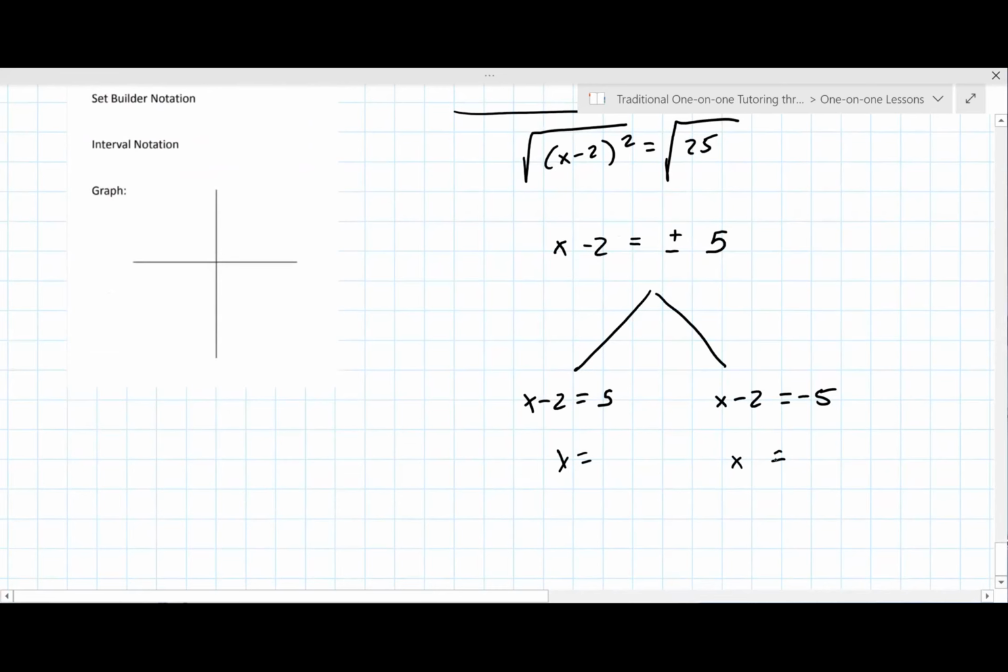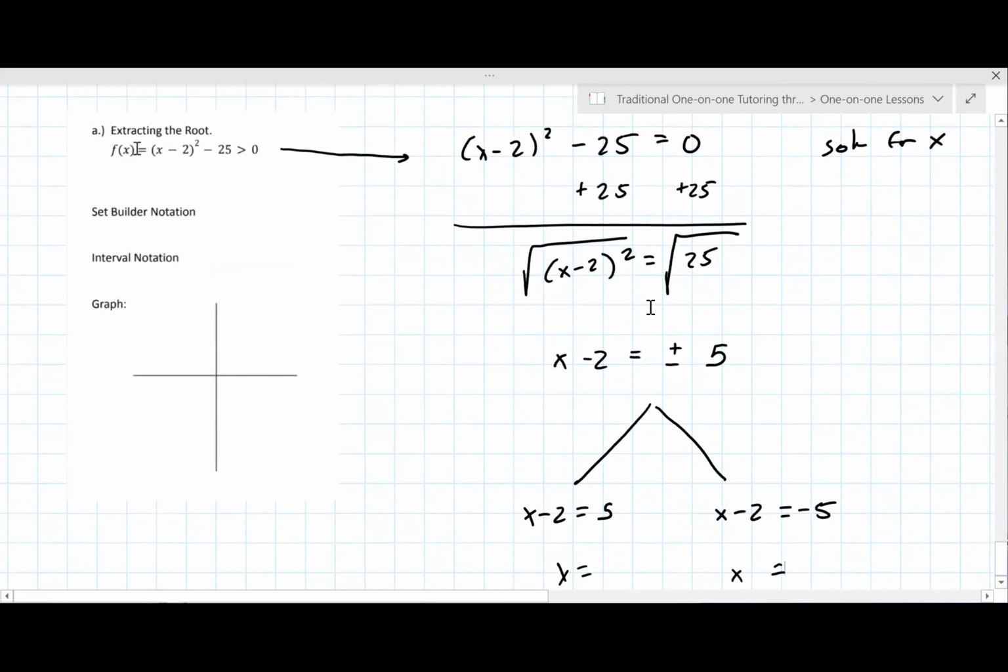Can you go back up? Okay, so two solutions. That is going to be 2 and, oh wait, negative 5. Wait, am I right?